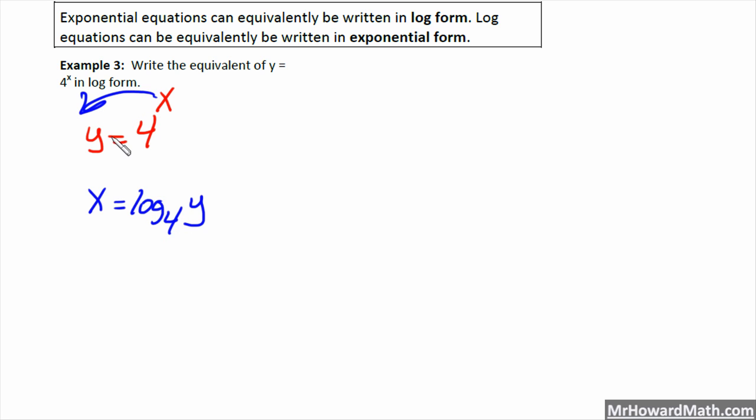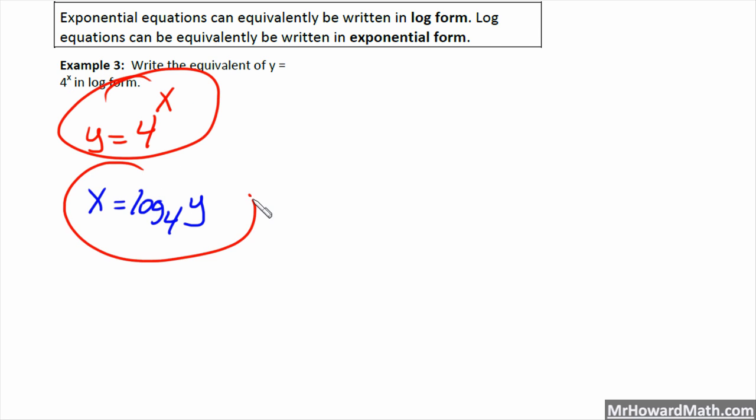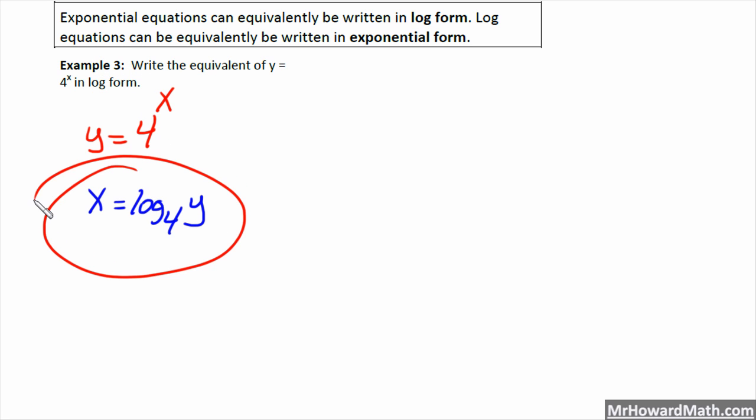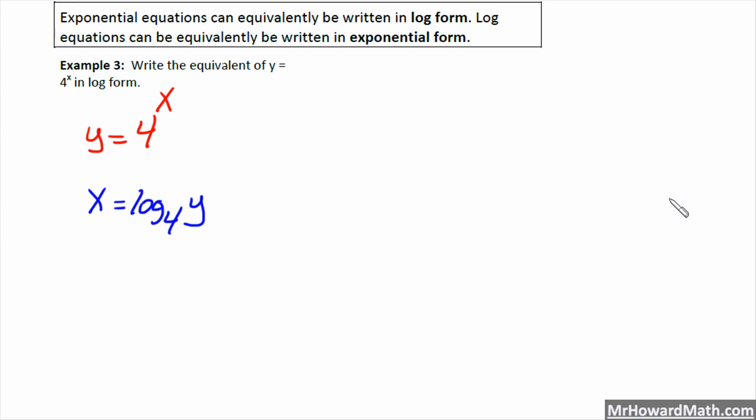Now we can use our loop rule to check. 4 to the x is supposed to equal y. Yes, that's right. So these two are equivalent. This is in exponential form. This is in logarithm form. They are equivalent.